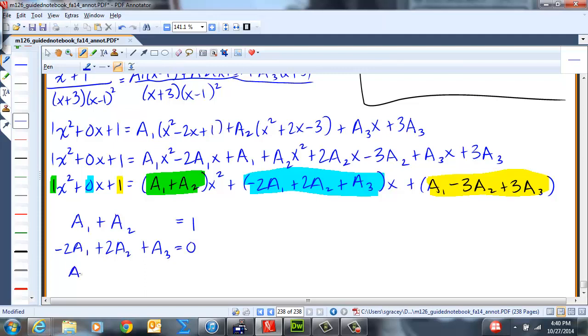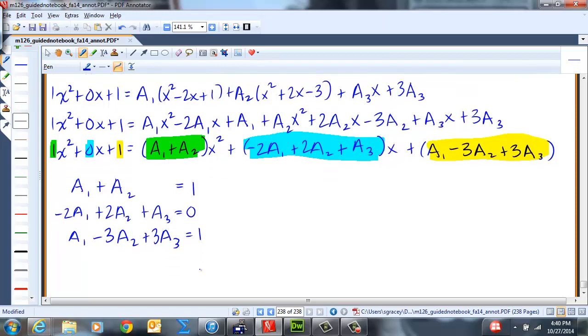And then A1 minus 3A2 plus 3A3 is equal to 1. Okay, so let's see what we should do with these guys.